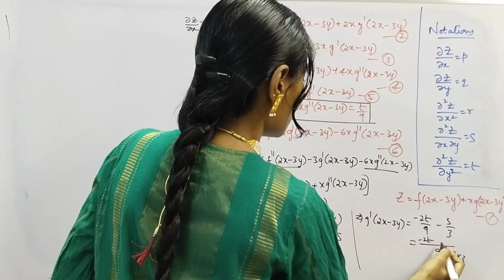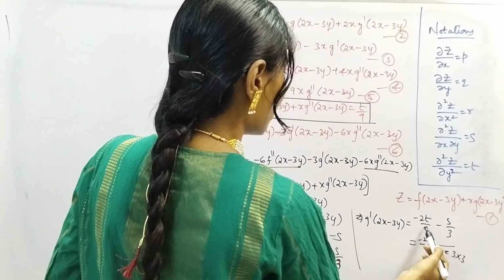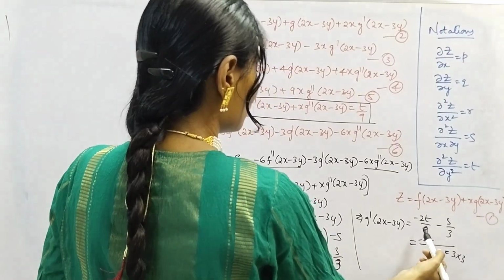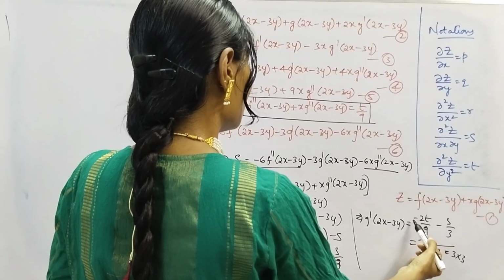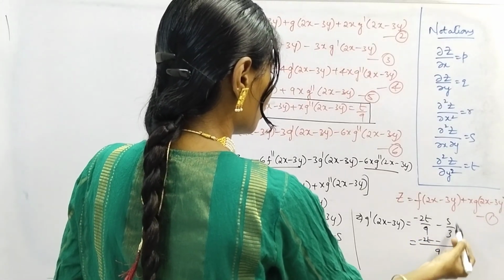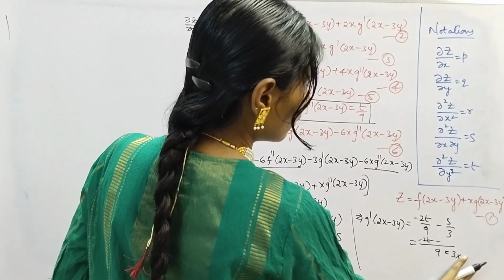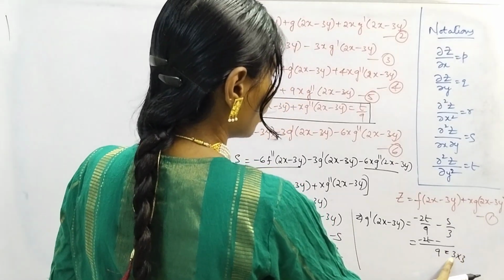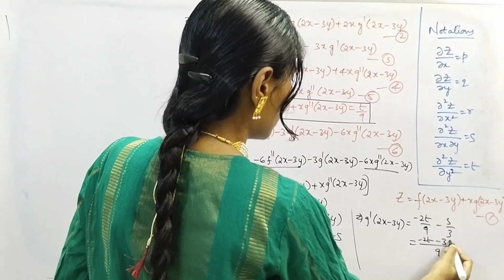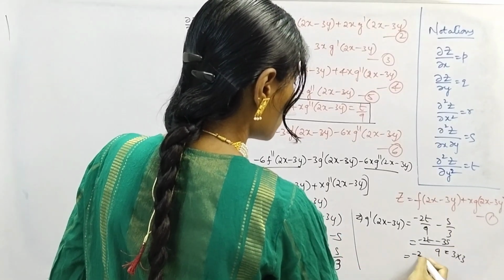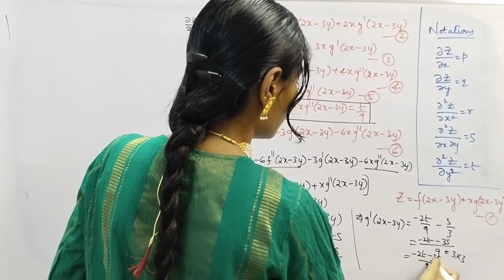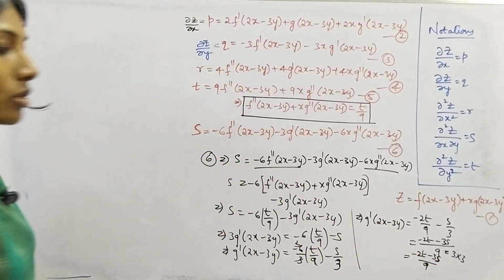You'll get -2t; in the denominator of the first term you have 9, here also you're having denominator 9, so just write -2t. You need nothing to be multiplied to this term. Minus, here in the denominator of the second term you're having 3, and you have one more 3 here, so just multiply 3 to this numerator. You'll get 3s. This gives (-2t - 3s)/9, the value for g'.